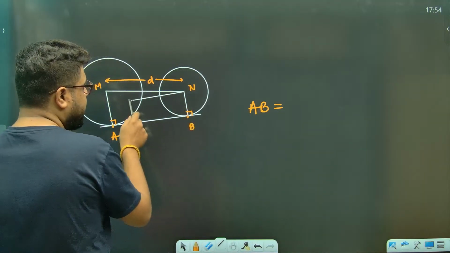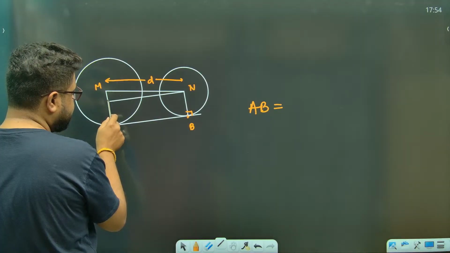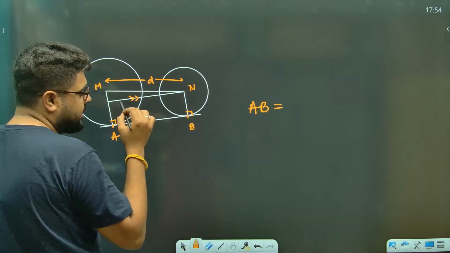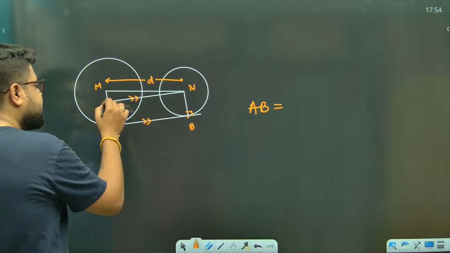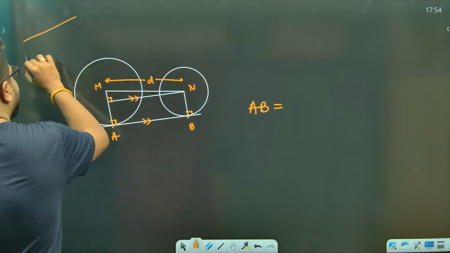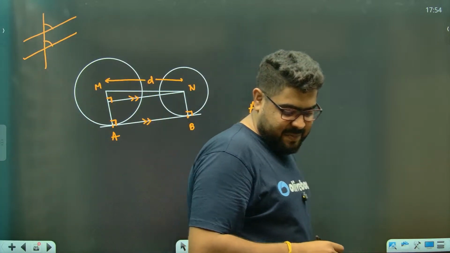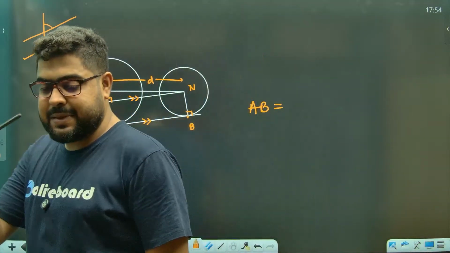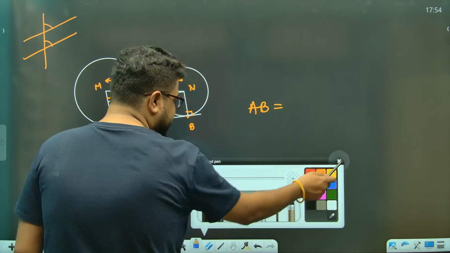What you do from here is draw a simple line parallel to this one. So this is automatically 90, because if this is 90, this is also 90, since in the case of parallel lines this angle is equal to this angle. Now tell me, everyone.